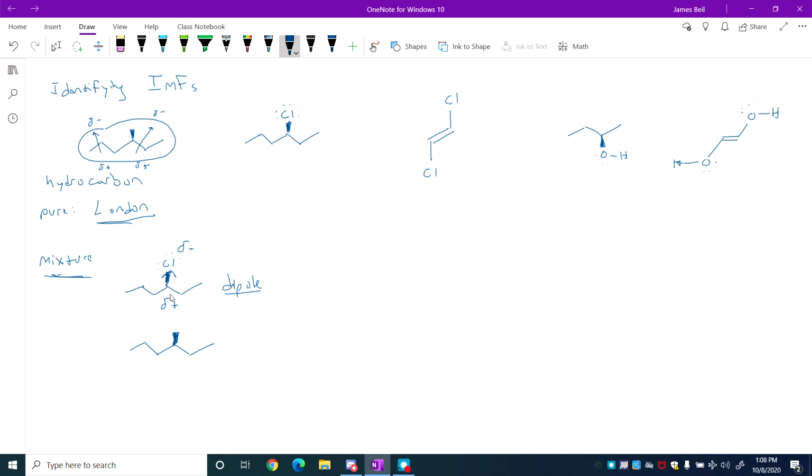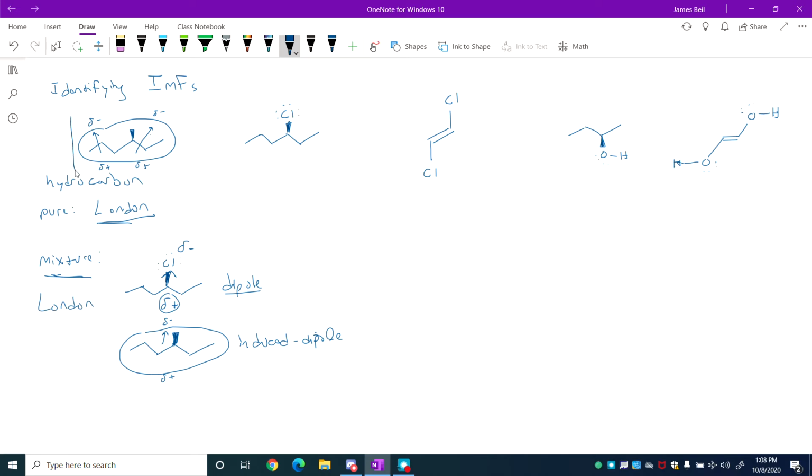The area of positive charge that's permanently on these carbons due to the chlorine pulling electrons away from them is going to attract electrons from this cloud toward it, since opposite charges attract, and that will create an induced dipole. Which is also a type of London force.